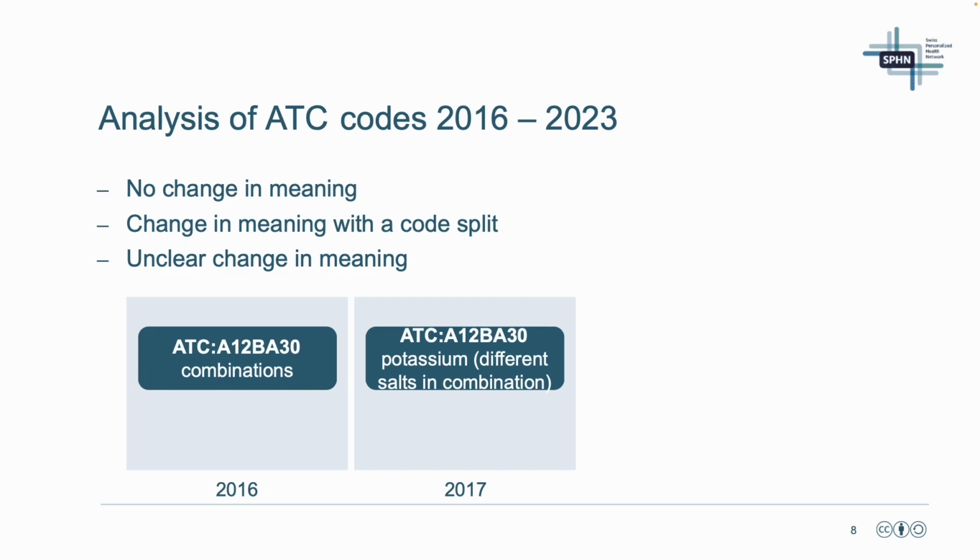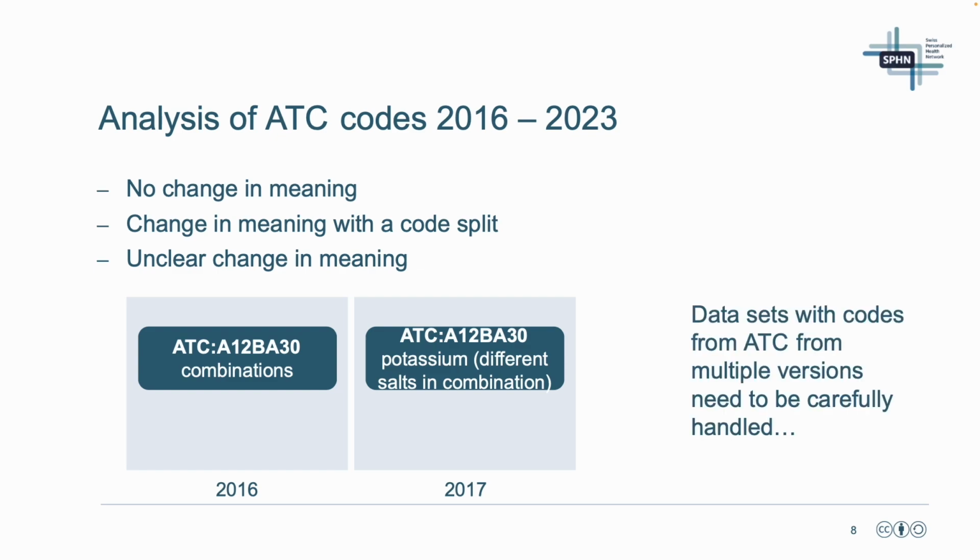We are not in possession of enough information to decide whether this is a real meaning change or much more of a clarification statement. So datasets with codes from ATC from multiple versions need to be carefully handled.